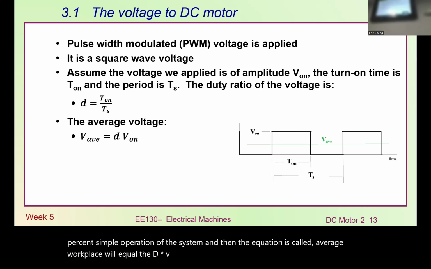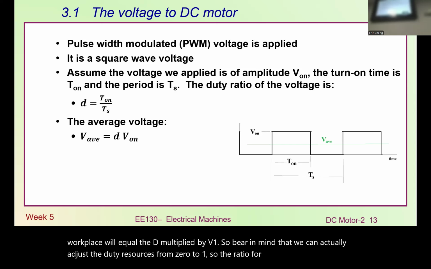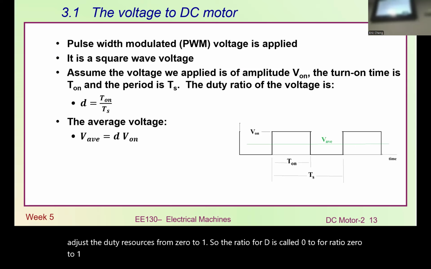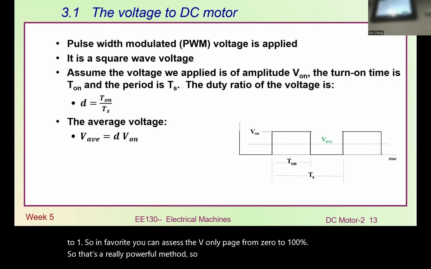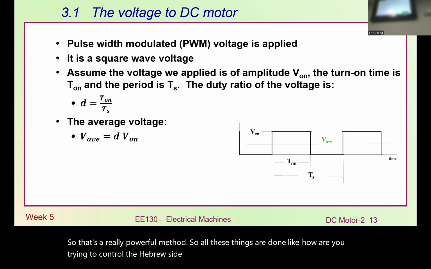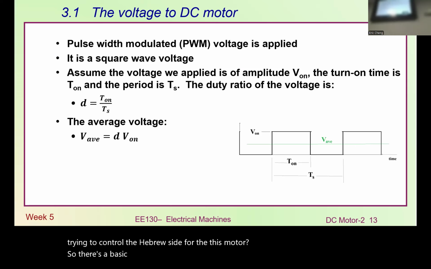Bear in mind that you can adjust the duty ratio D from 0 to 1. So in theory, you can adjust the voltage from 0 to 100%. That's a really powerful method. All of this is done by how we control the input signal for the DC motor. That's the basic concept. Very simple, we are always using this method to do the job.